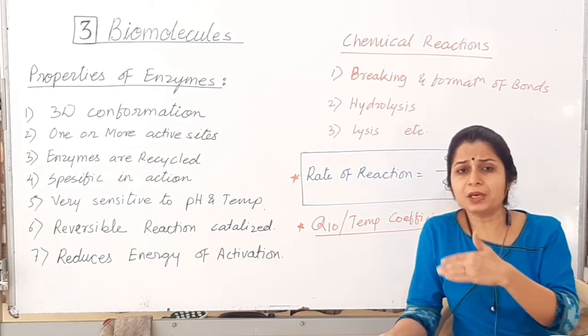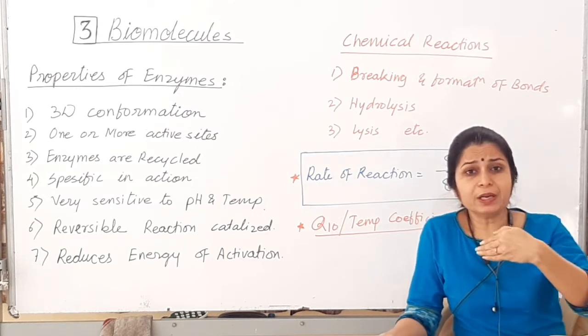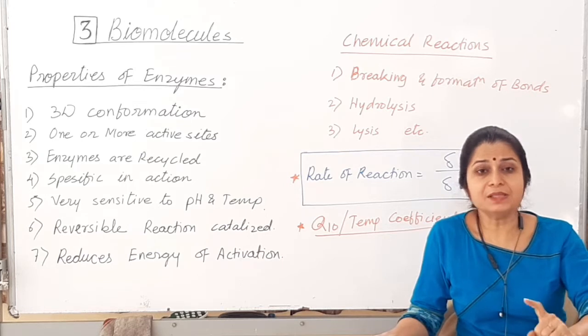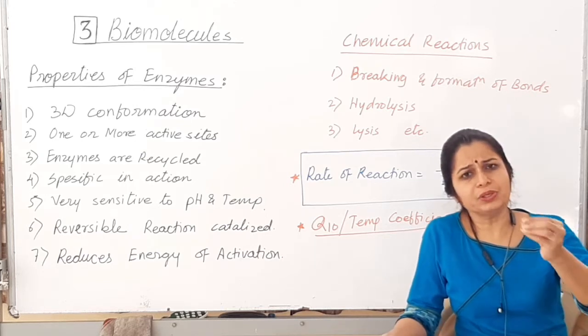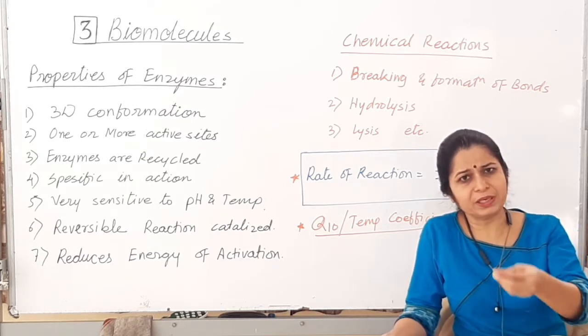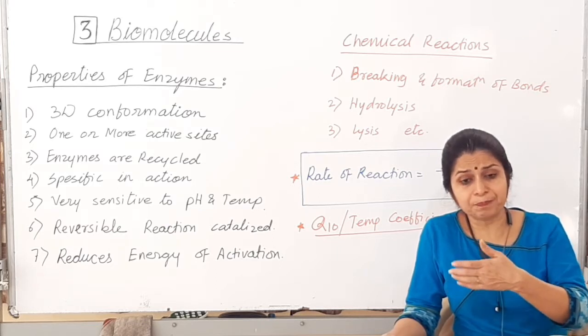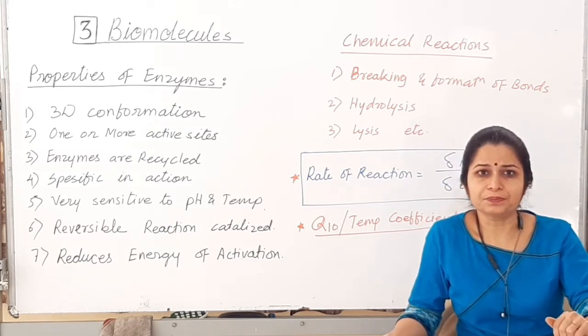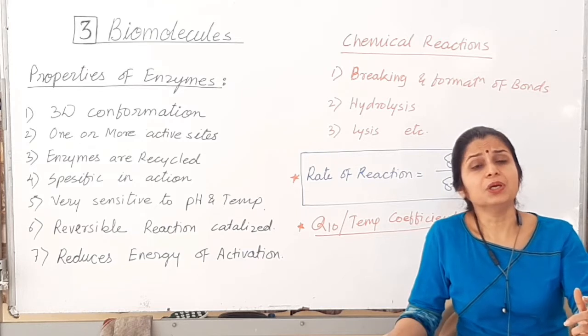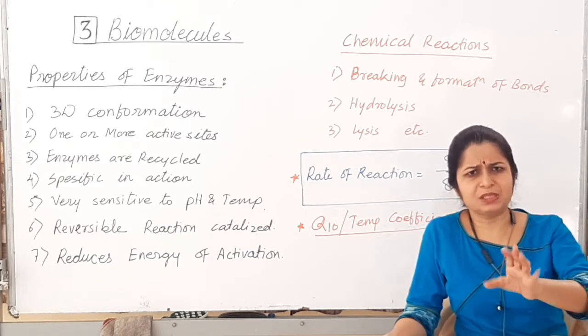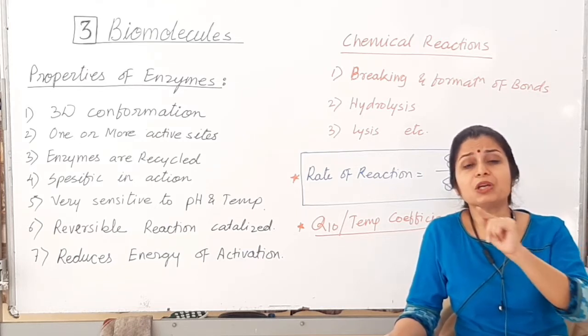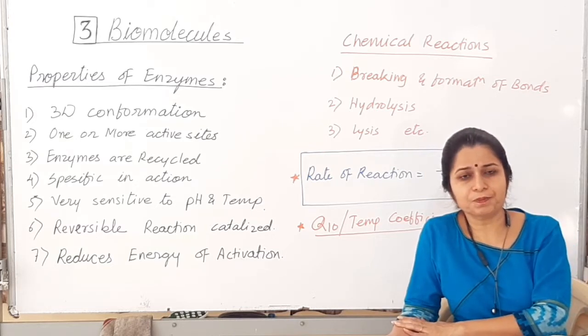So enzyme chemical reaction को शुरुआत नहीं कर सकता. Enzyme needs raw material. Rather, to initiate the chemical reaction, raw material is needed. In presence of enzyme, the rate of the reaction is more. In absence of enzyme, the rate will be drastically slow in some cases. Okay, so enzyme cannot initiate the chemical reaction.